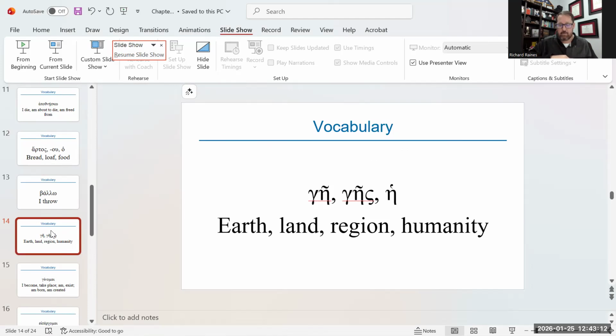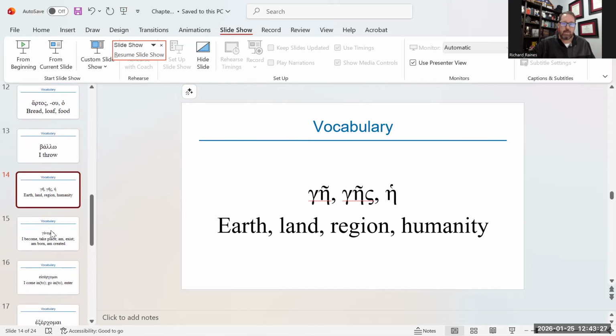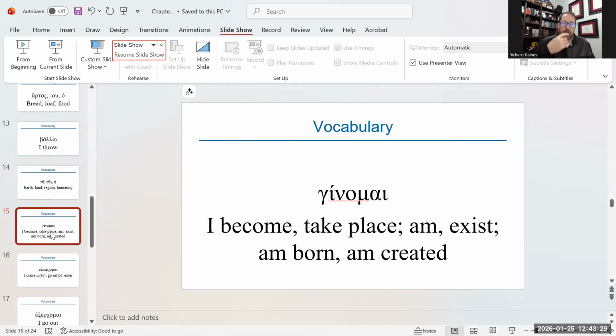Like some of the other versions would see gay and they would just say earth. But it can mean land, it can mean region, it can mean humanity. So in this case, pick one of those and go with it. I would probably pick earth because it would be easy enough for me to remember. Genomai, I become, I take place, am, exist, am born, am created. I become.